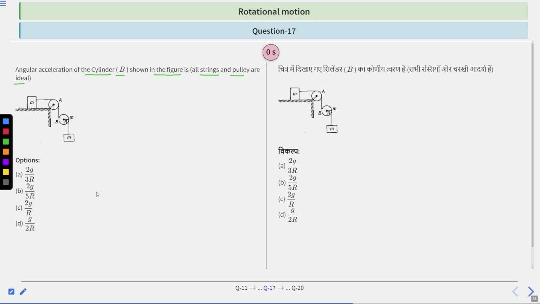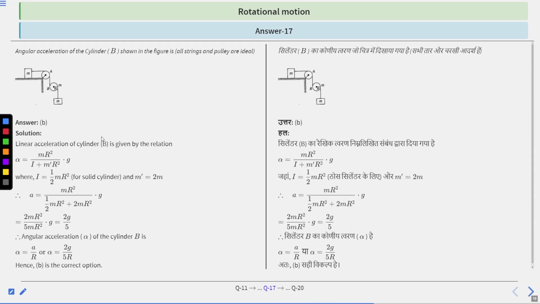Let's find the solution. So we know the linear acceleration of the cylinder B is given by the relation a equals mr square divided by I plus m prime r square, times g, where I equals half mr square for a solid cylinder.